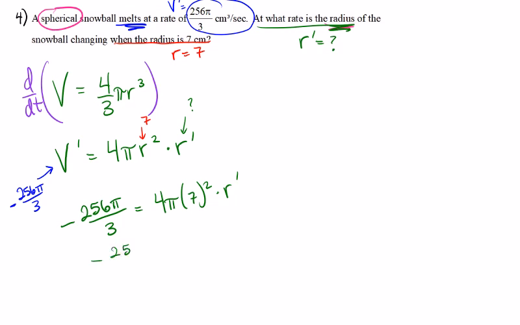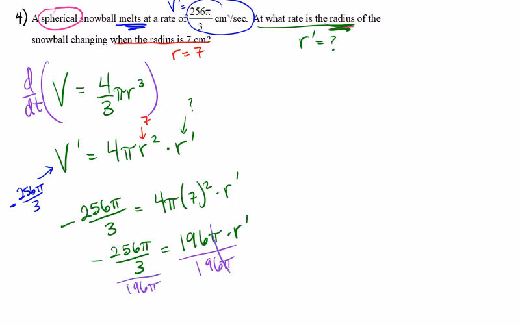Negative 256 pi over 3 equals 49 times 4, which is 196 pi, and then times r prime. Now we just divide both sides by 196 pi.